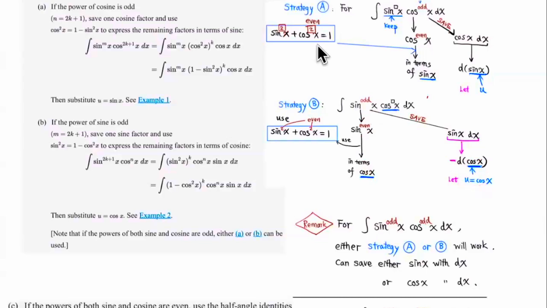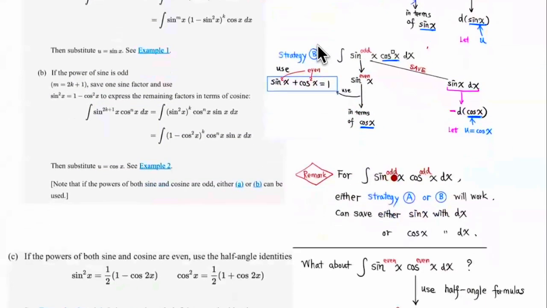So if u equals cosine x, then you will want to express the function that you integrate all in terms of cosine x. This is in cosine x, so nothing to change. This is not in cosine x, so use this identity to express in terms of cosine x.